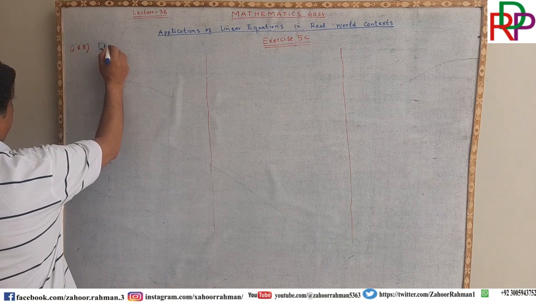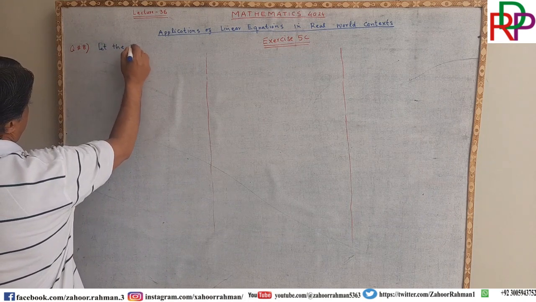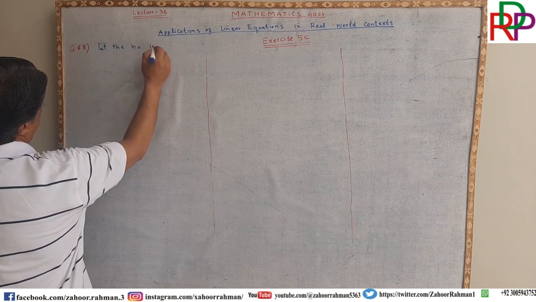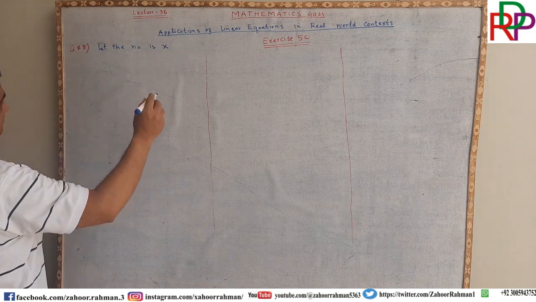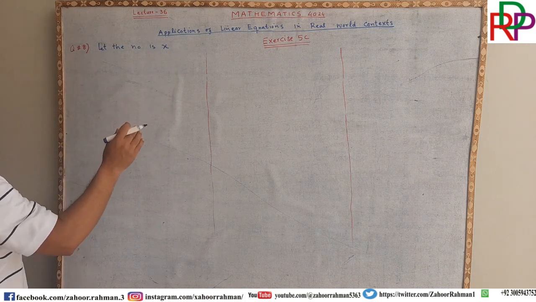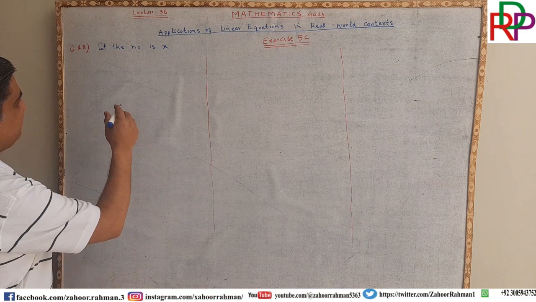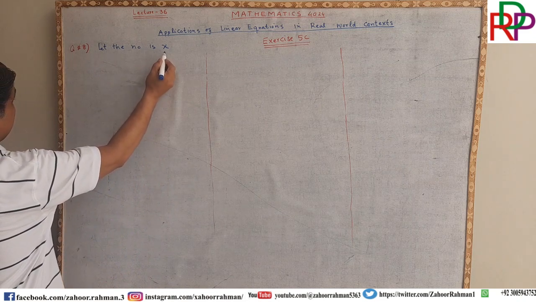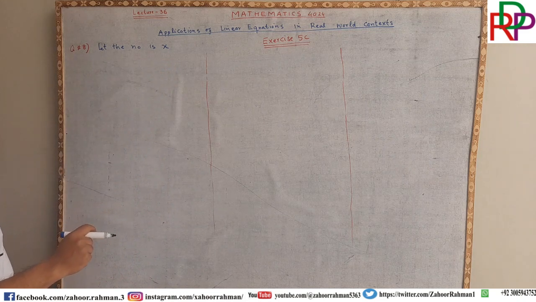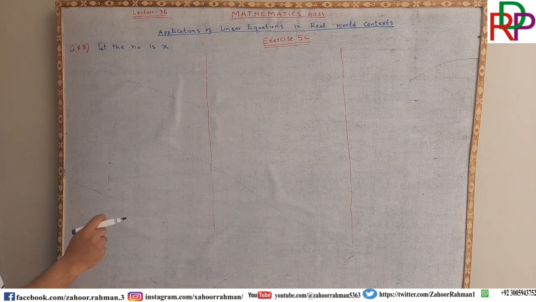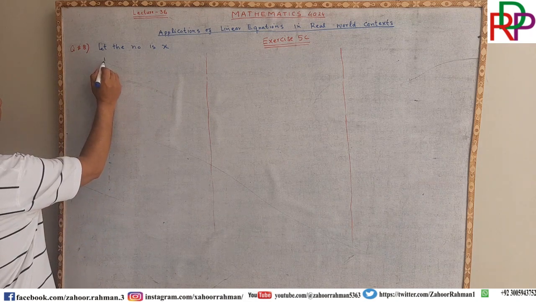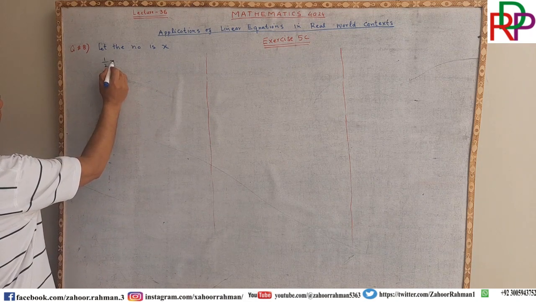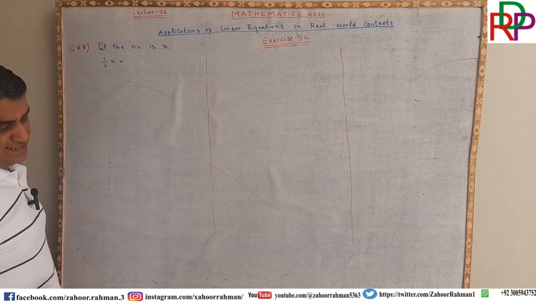Let the number be x, and they are saying the sum of half of a number, that number which we are supposing to be x, we will take half of that number.